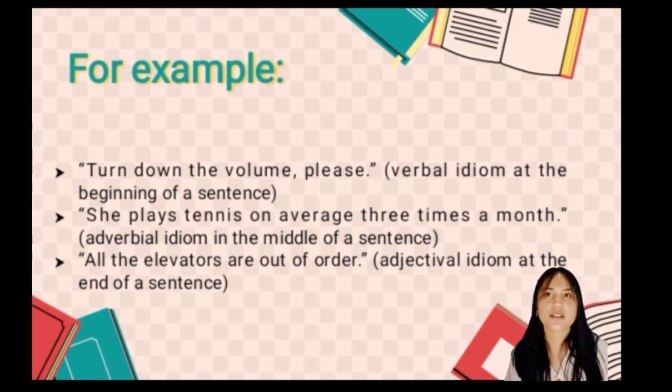The preposition out of order indicates the condition of the elevators, meaning that all elevators are not working or are damaged. So in this case, it functions as an adjective that expresses the state of the elevators.